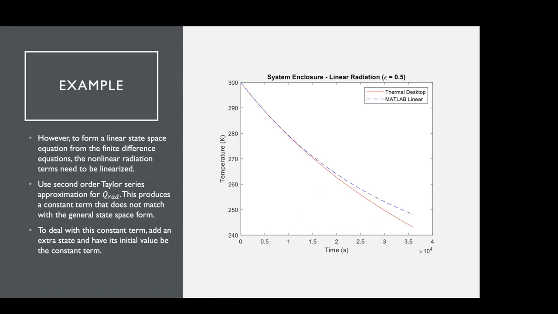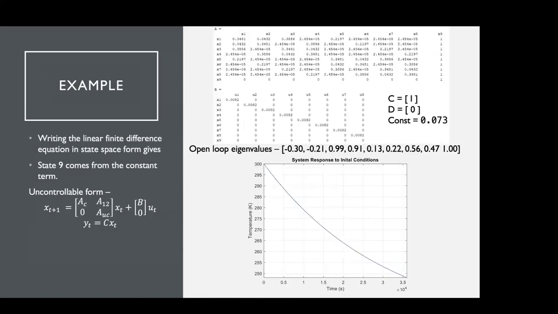However, when you do your Taylor series, you get a constant term from that. So instead of being X dot equals AX plus BU, it's X dot equals AX plus BU plus some constant term, which is not the correct form. To handle this, you form an uncontrollable system where you have all your controllable states here, and then you have an uncontrollable state there, which is the constant term.